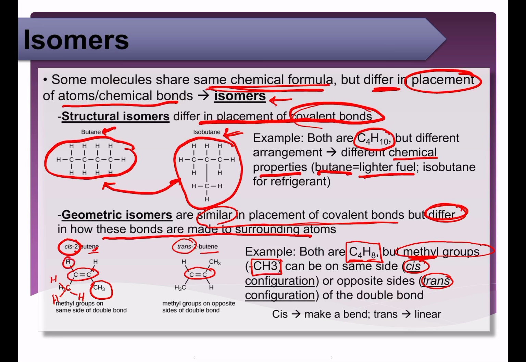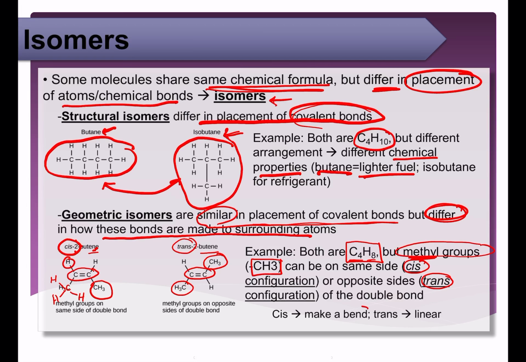Whereas in the trans configuration, you have a methyl group here, and a methyl group on the opposite side of the double bond. One is on the same side of the double bond, one is on the opposite side. Being on the same side is called the cis configuration. Being on the opposite side of the double bond is called the trans configuration.